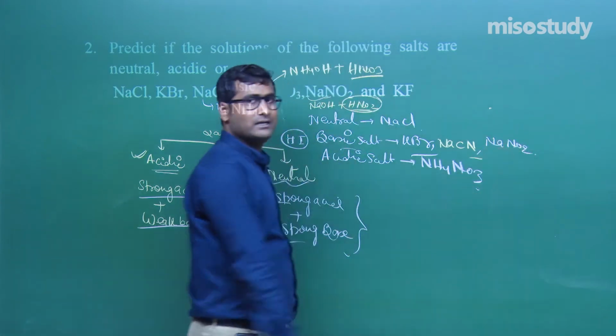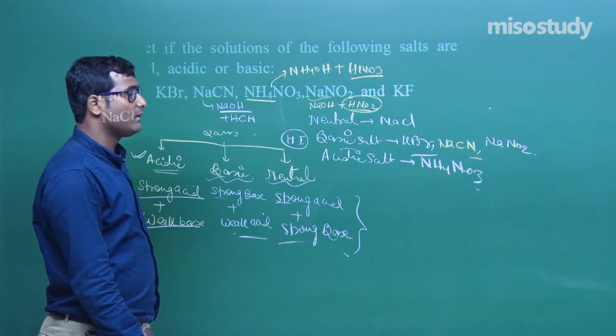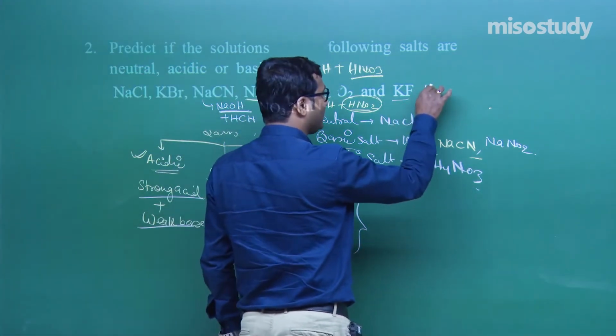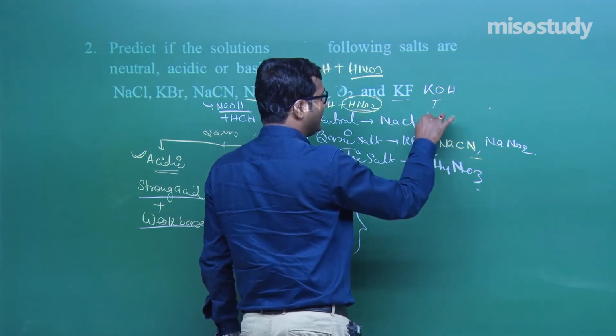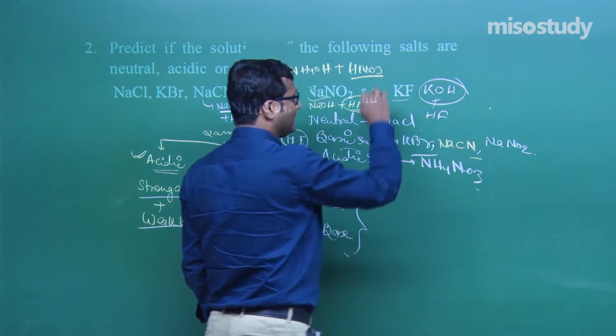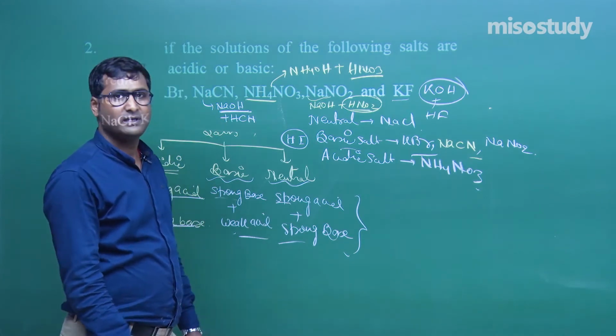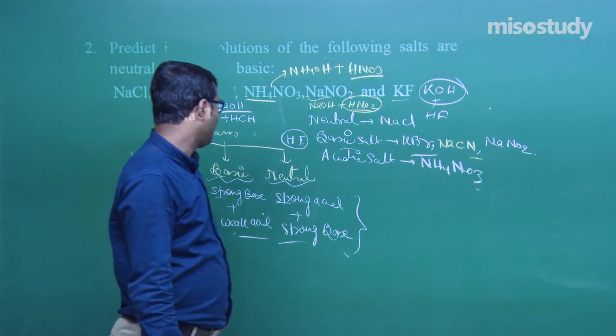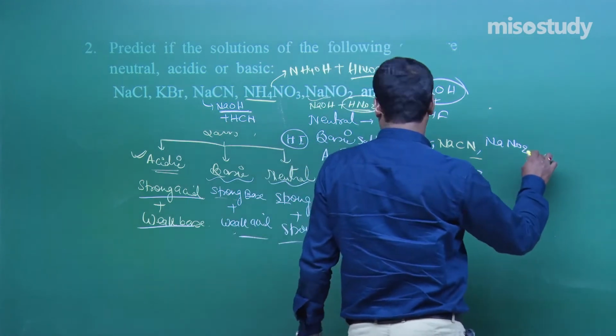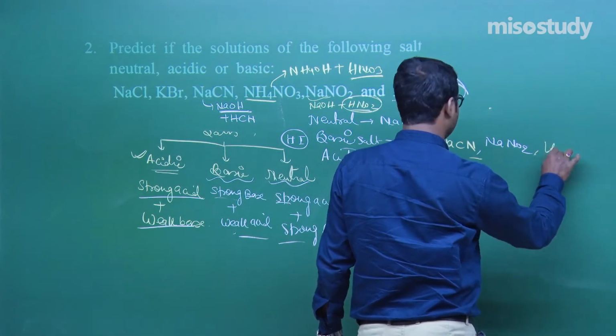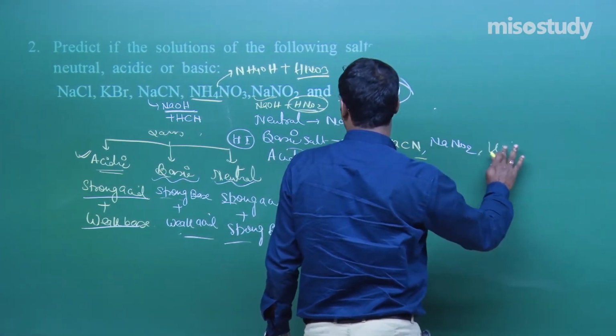Am I right? Yes sir, you are absolutely right. And what about KF? KF comes from KOH and HF, my friend. Again I am telling you that KOH is a strong base but HF is not a strong acid. So the answer will be basic salt, that is KF.